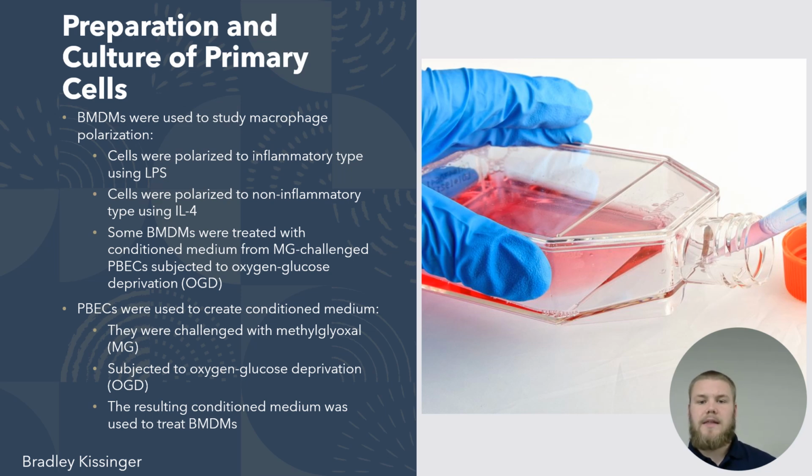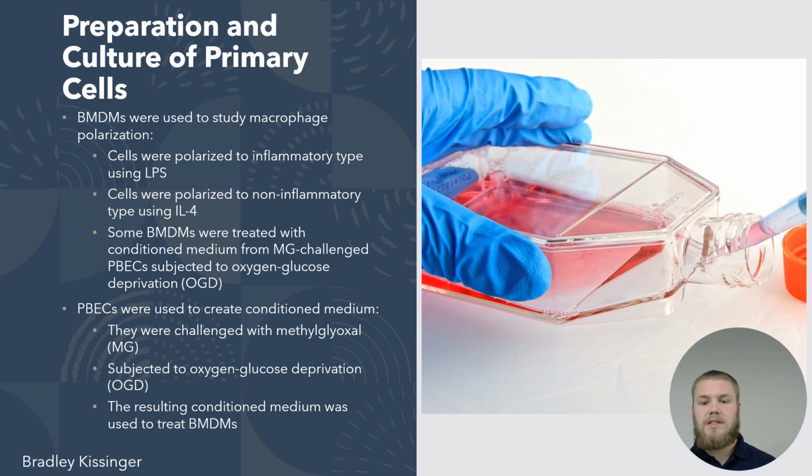Then they culture the BMDMs in a very specific solution and conditions with 25 millimoles of glucose, which is like a hyperglycemic effect, and 10% FCS, which provides growth factors for the macrophages to differentiate, and antibiotics, which prevent contamination so that no bacteria actually grow in the sample.